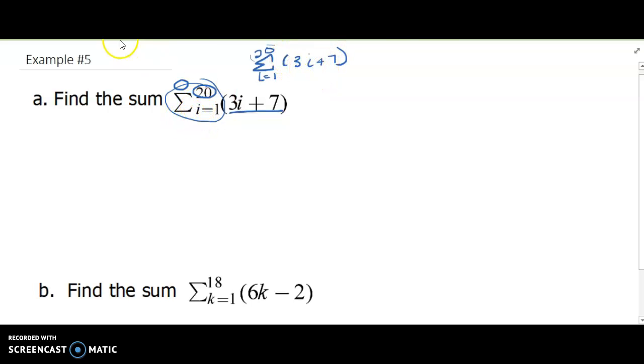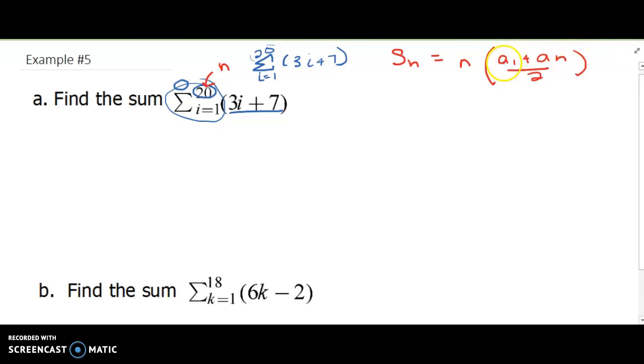Now we're finding the sum again. So if we go back to here, we know we can find the sum by using the formula: the sum of n is going to equal n times (a1 plus a sub n) over 2. Remember, this here is our n.